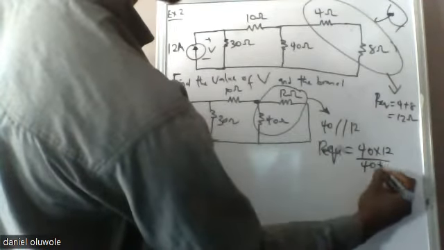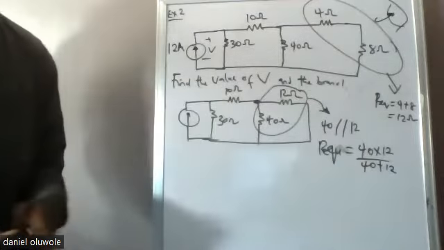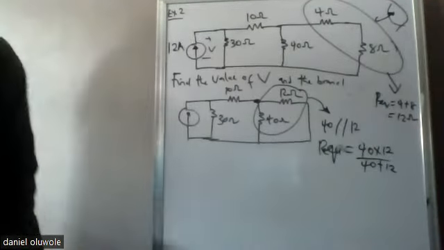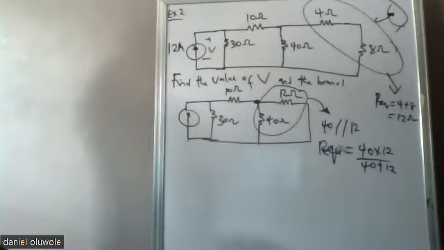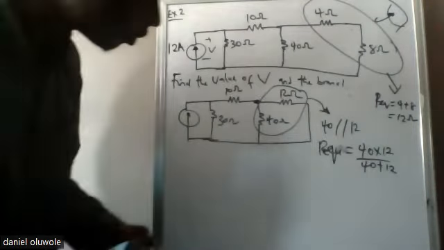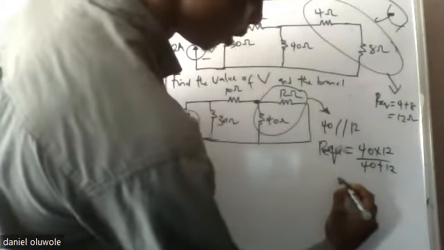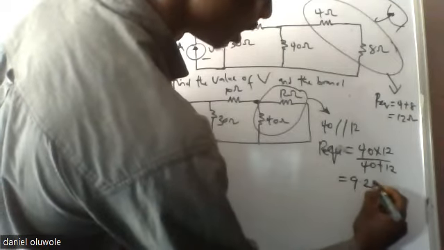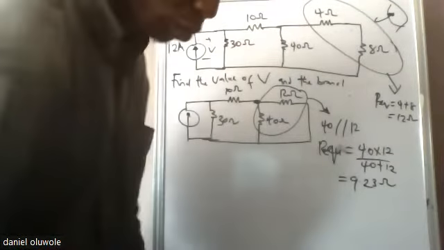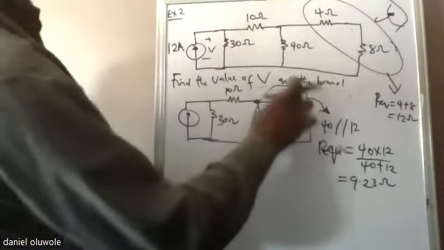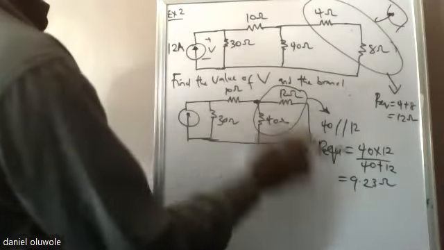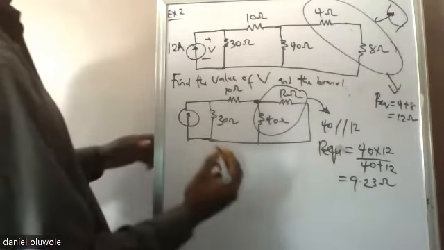So please just help me with that value. I'm working with your values, so just calculate it. It's 9.23 ohms. So this parallel connection gave us an equivalent of 9.23 ohms.